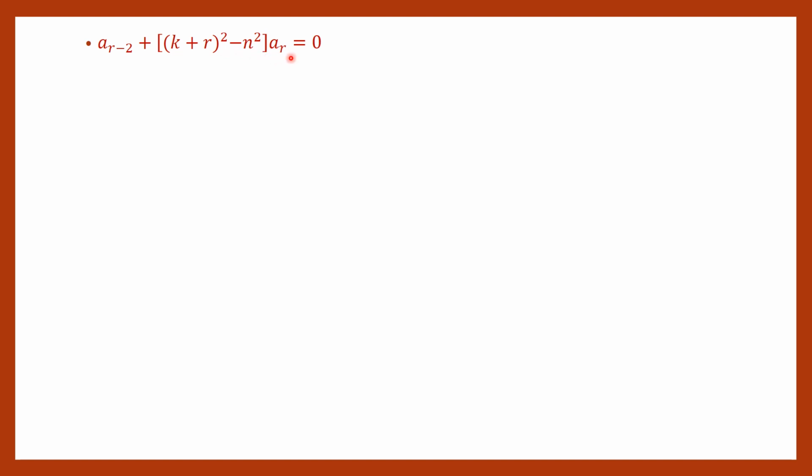Now k plus r whole square minus n square into ar equal to minus ar minus 2. Now writing an expression for ar, which gives minus ar minus 2 by k plus r whole square minus n square, where r is greater than or equal to 2.